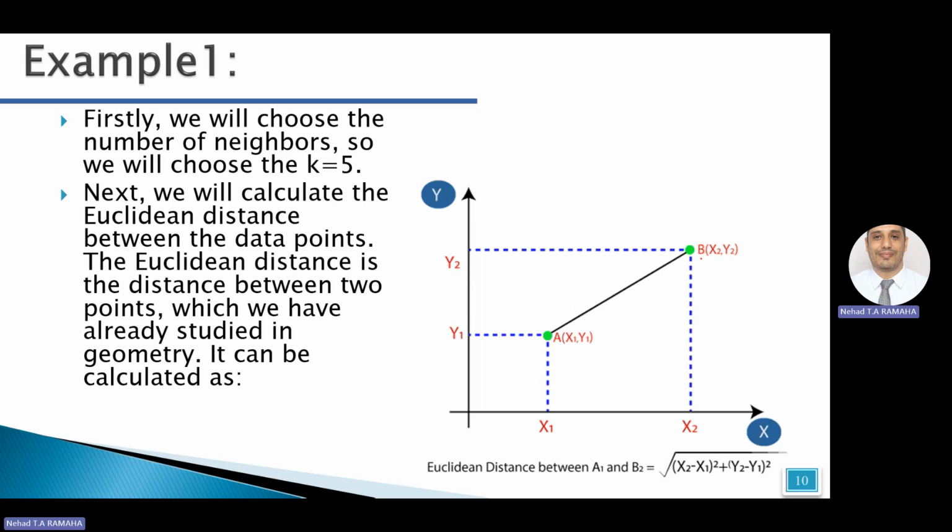If point B has x2, y2 and point A has x1, y1, then the distance between A and B is the square root of x2 minus x1 squared plus y2 minus y1 squared, yes?